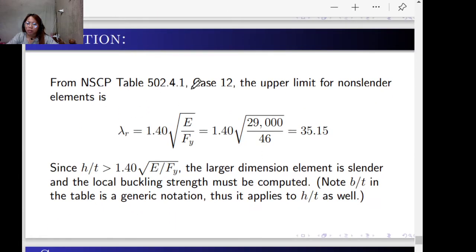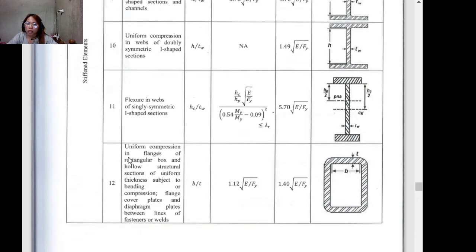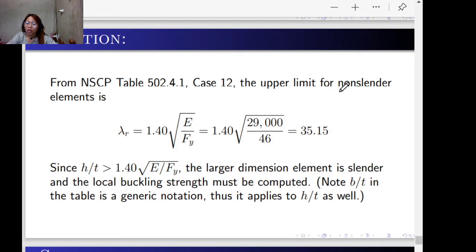From NACP Table 502.4 case 12, because this is uniform compression in flanges of rectangular box and hollow structural sections of uniform thickness subjected to bending or compression, the upper limit for compact, non-compact is this lambda sub r equal to 1.40 square root of E over Fy, which is equal to 35.15.